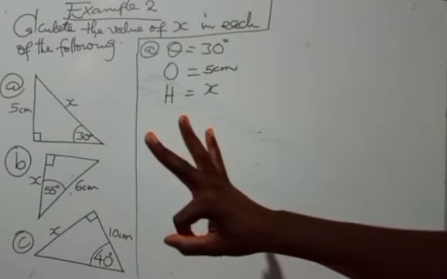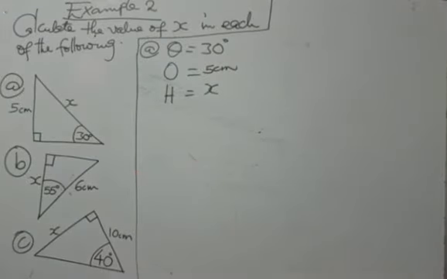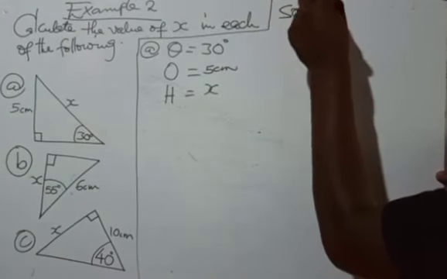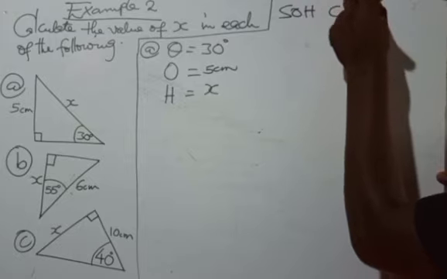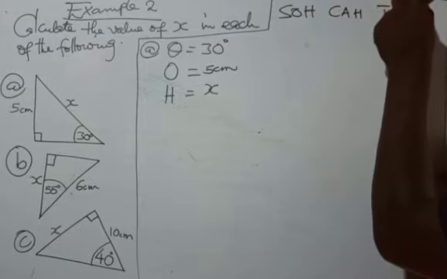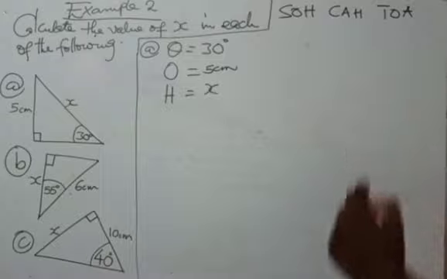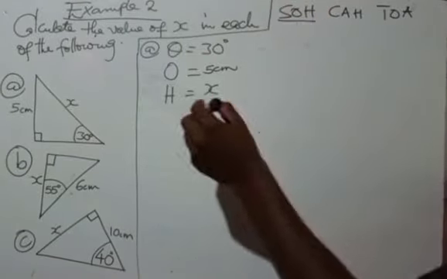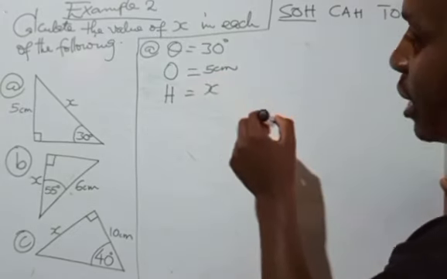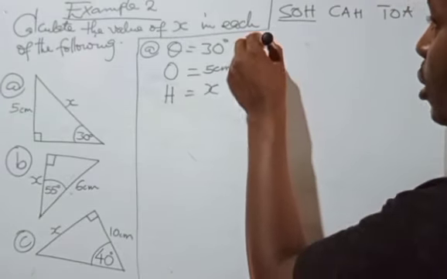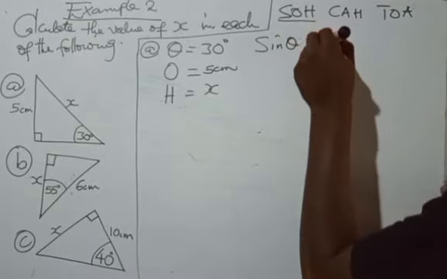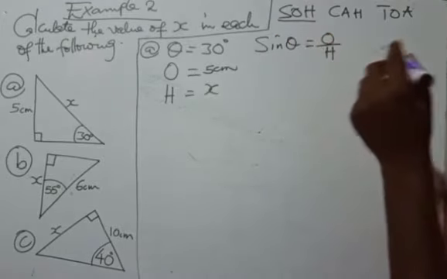Among the 3 trigonometric ratios, which one has got O and H? Remember we have SOH, CAH, TOA. The one with O and H is sine. So to handle question number A, we are going to say sine theta is equal to opposite over hypotenuse.